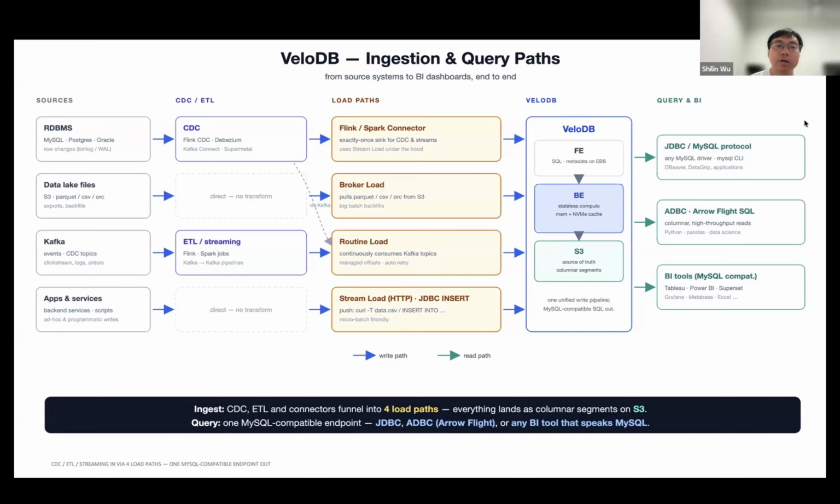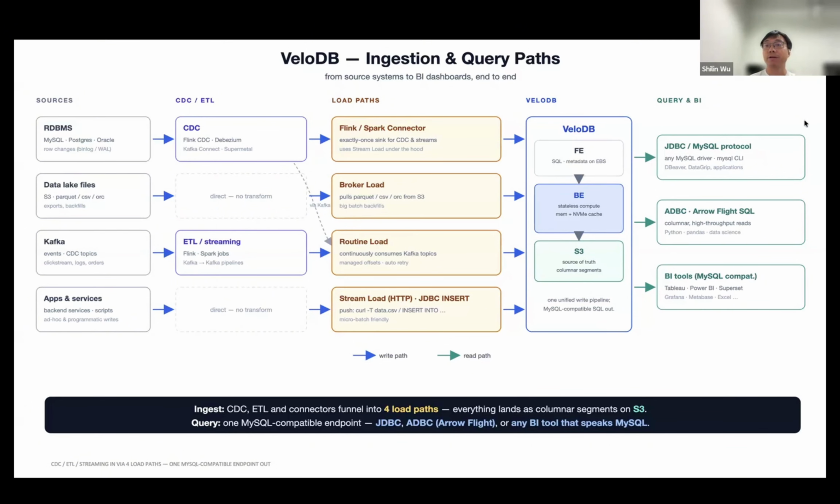For lakehouse or Parquet files, you can use broker load to load into VeloDB. For Kafka, we can use routine load with some ETL processing. You can get data into VeloDB very easily. And if you want to write from applications in real time, you can also use stream load or JDBC insertion to insert data into VeloDB, right?